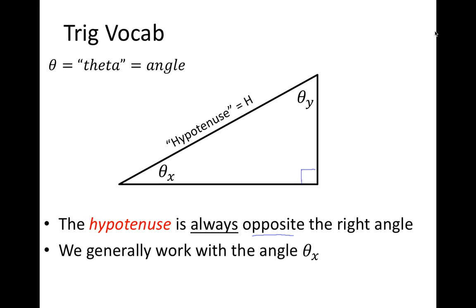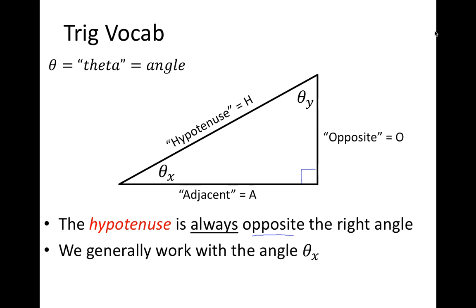Generally, we're going to work with the angle with the x-axis, theta x. And when we are working with that particular angle, that side is the opposite side, and that side is adjacent. Adjacent means next to. So the adjacent side is the side that makes up the angle along with the hypotenuse.